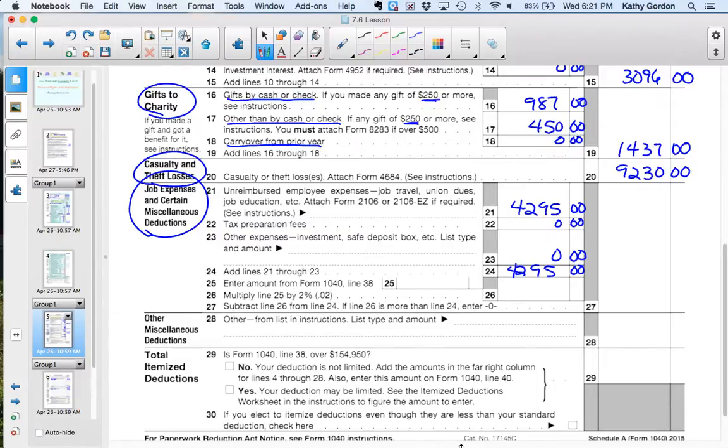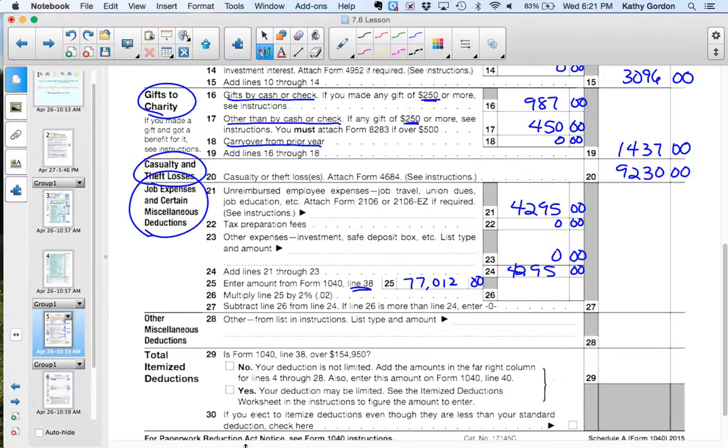And then notice this is one, again, where we are only allowed a percentage of this for deduction. So we are again going to put our adjusted gross income from line 38, which was our $77,012 again. And then for line 26, we're going to multiply that line by 2%.